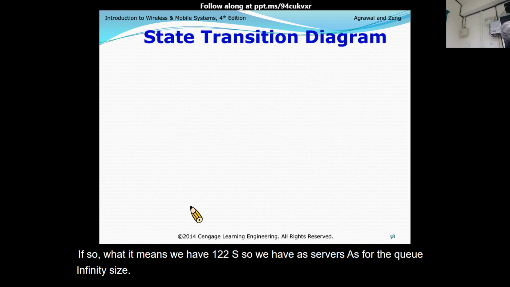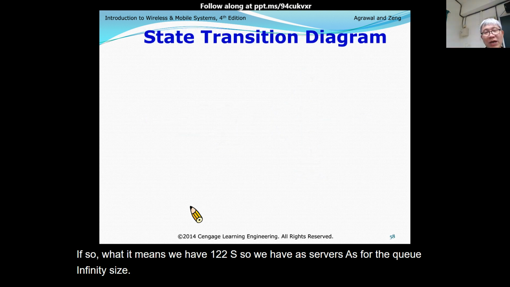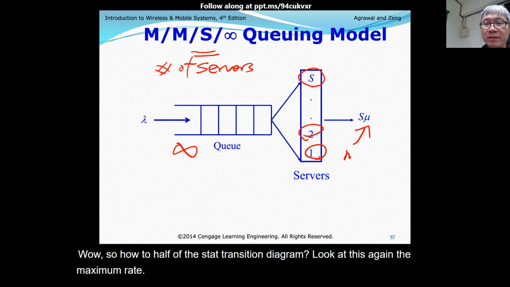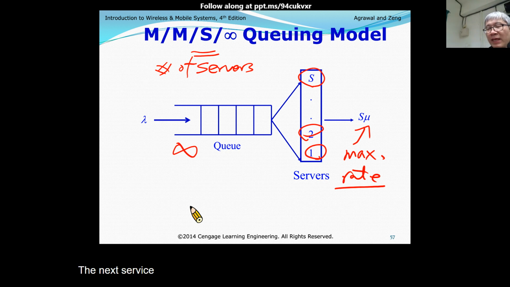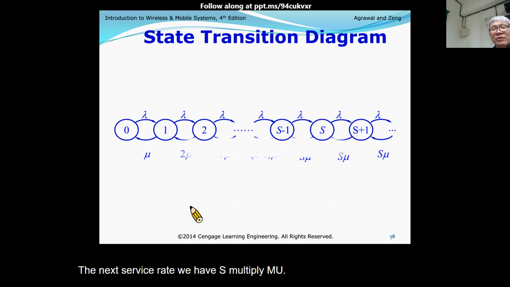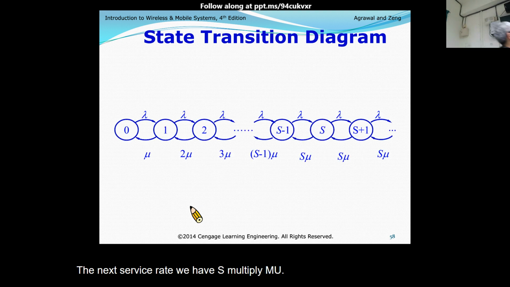Well, so how do we get the state transition diagram? Look at this again. The maximum service rate is S multiplied by mu. So the state transition diagram looks like this.